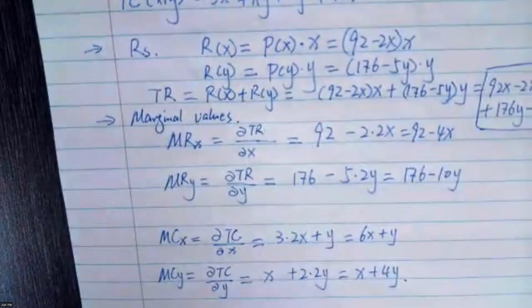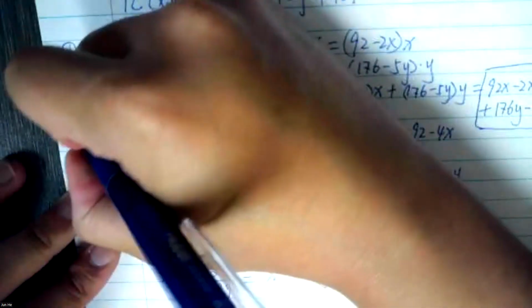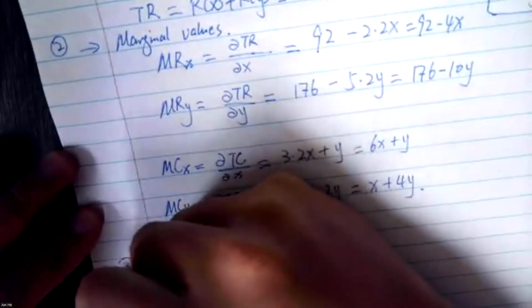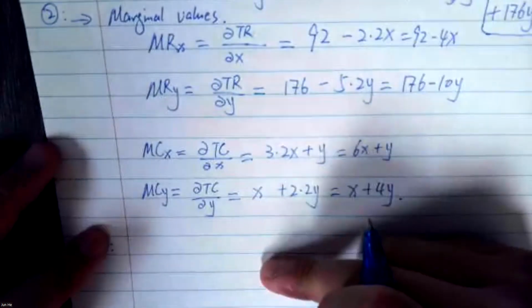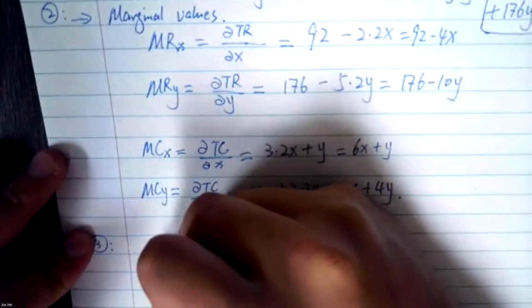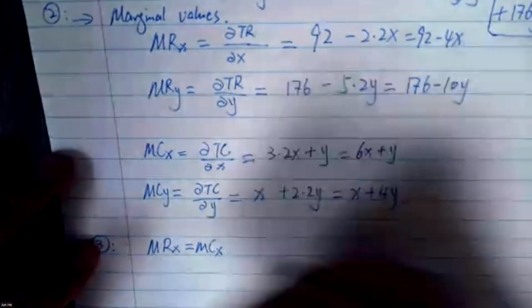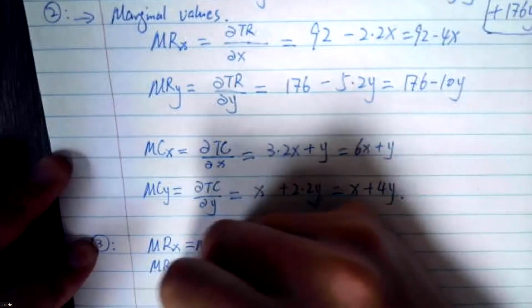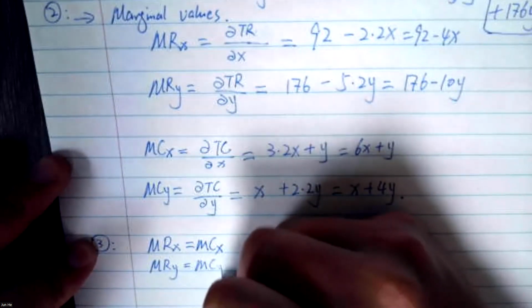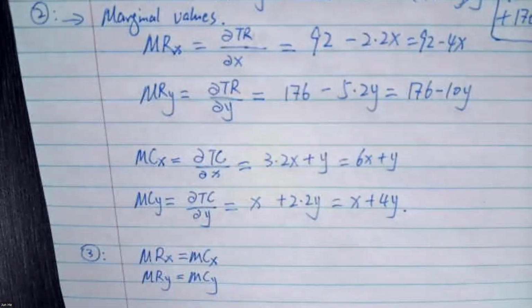Okay, so that's step 2. And then step 3 is to match the corresponding marginal values so that you can solve for x and y respectively.